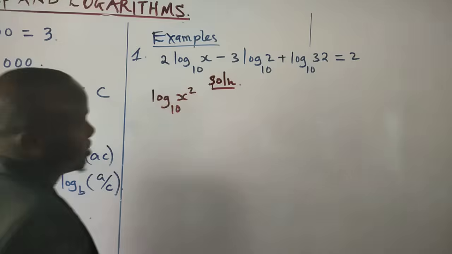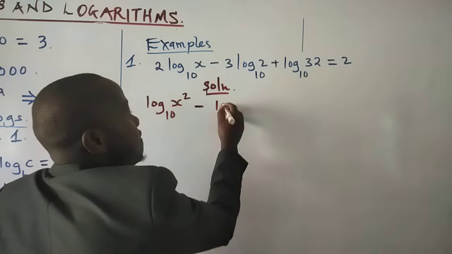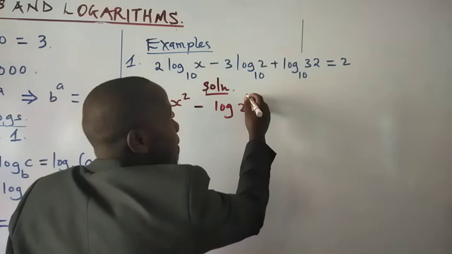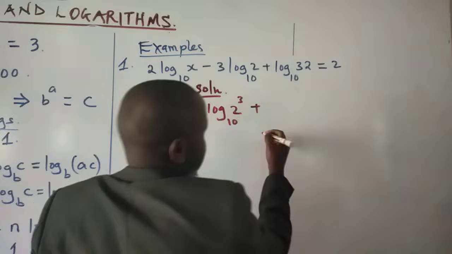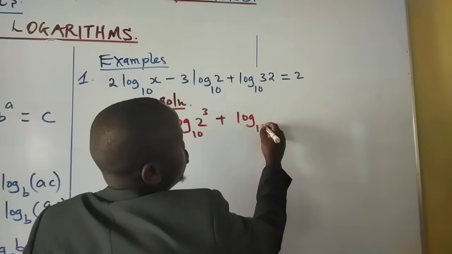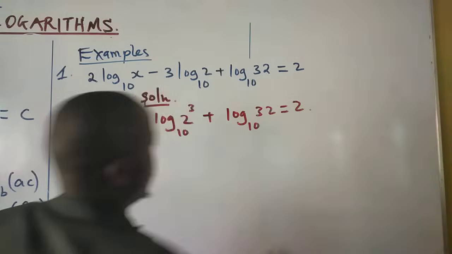So this becomes x squared minus, the same law is applied here, the logarithm of 2 to power 3, base 10, plus the logarithm to base 10 of 32 is equal to 2.